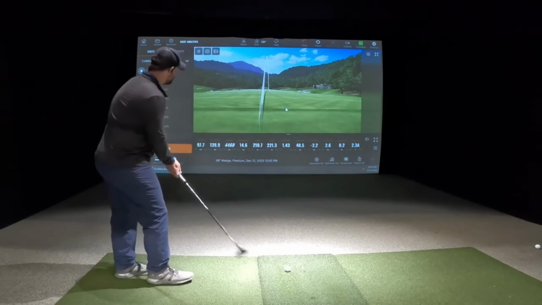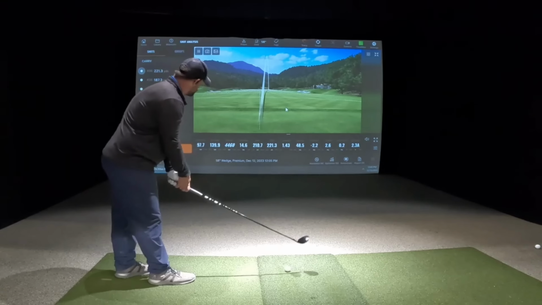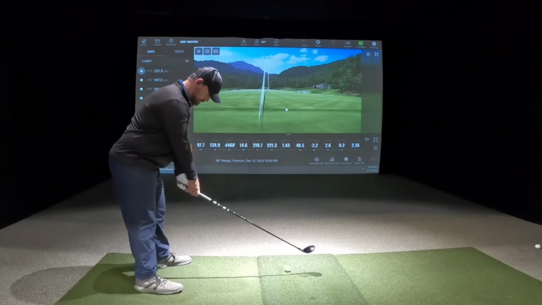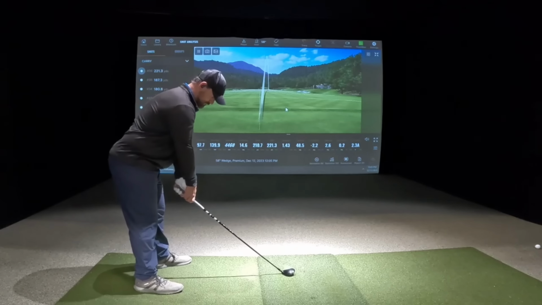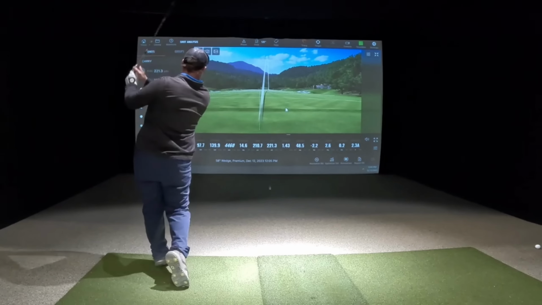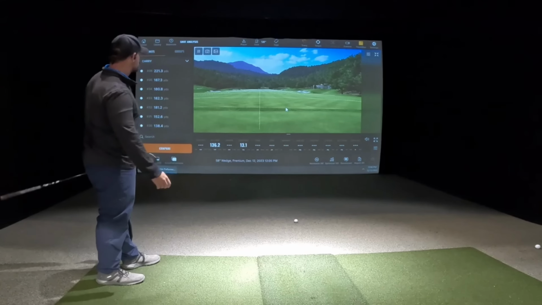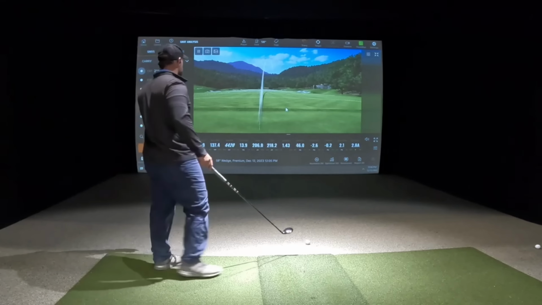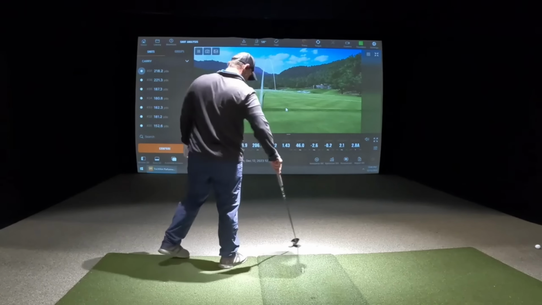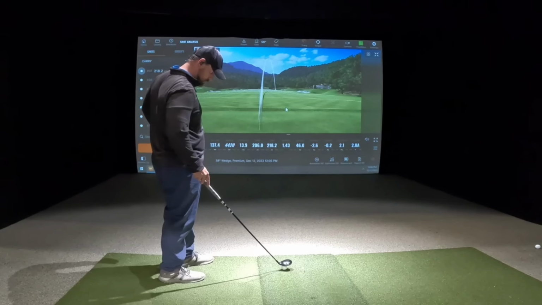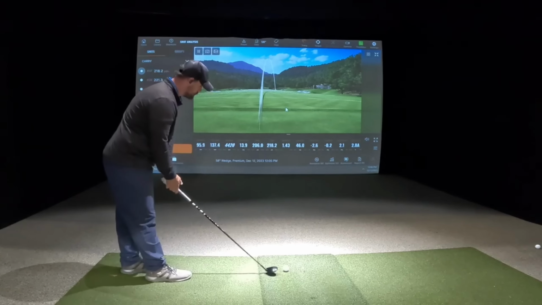If it starts dropping below the PGA Tour averages, your consistency of strike is probably not good enough, and you should work on striking the ball well versus trying to increase your swing speed. Whereas if you're hitting it really well, your smash factors are very high, but your swing speed is low, then maybe do a super speed program or something like that if you're trying to increase your distance.